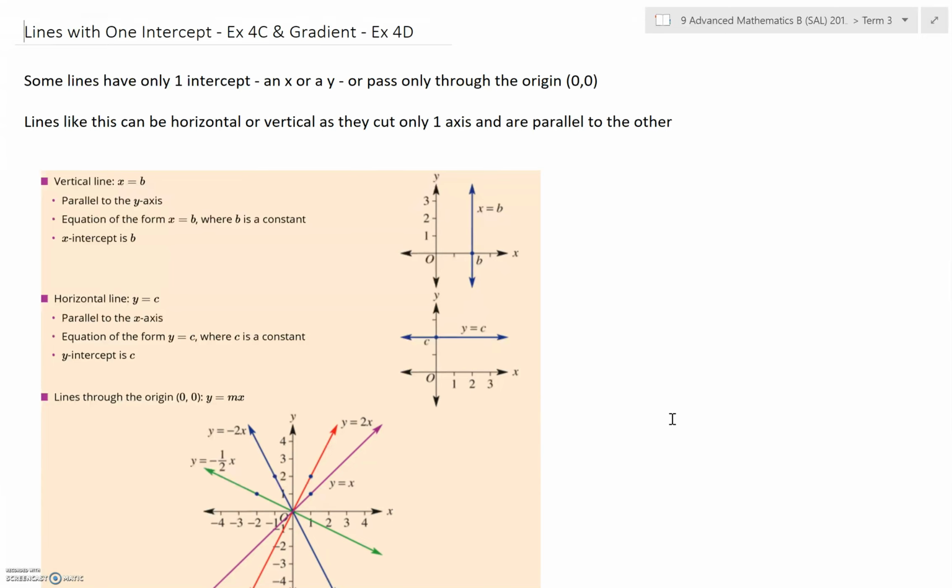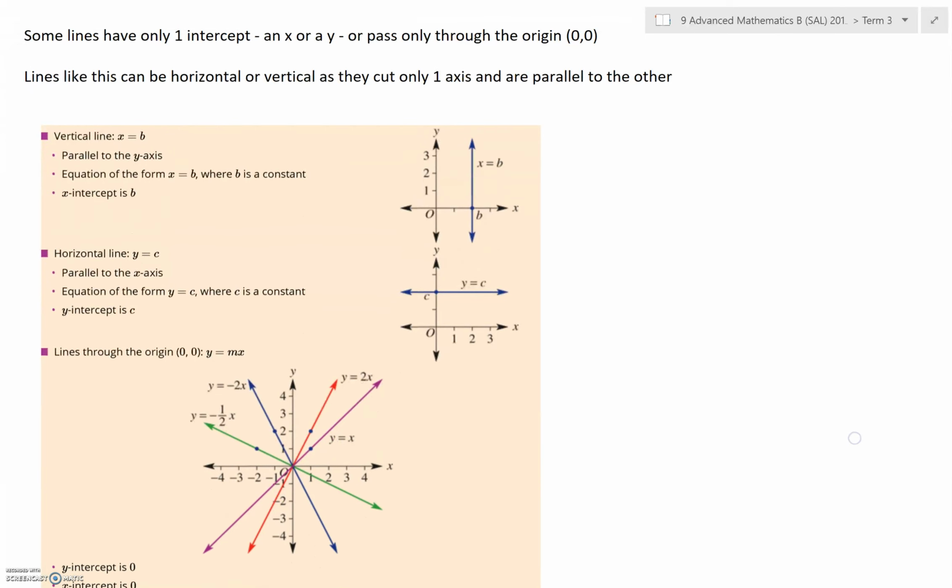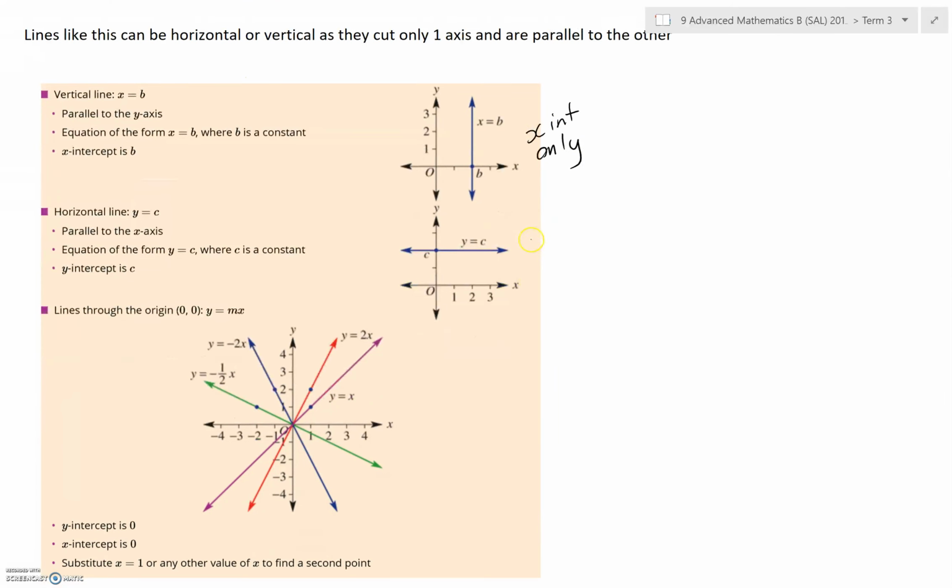So some lines that you work with have only one intercept, and you can see examples of that there on the layout for you. What that means is they have either an x-intercept only, as is the case with this first line. Or they might have a y-intercept only, as is the case with the second one.